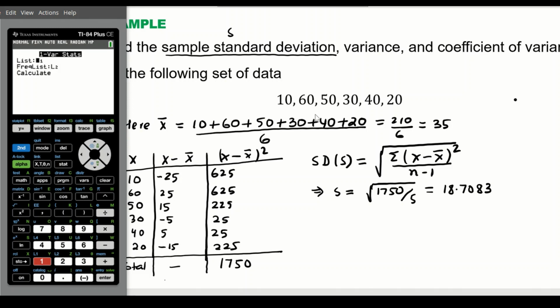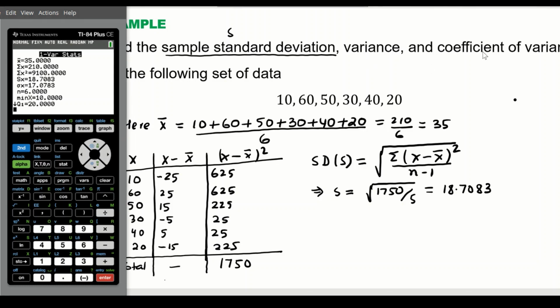You have just list 1 where you have the data. You don't have frequency, so delete L2 if it is there, then calculate. You'll see that the mean is 35 that we have calculated here, and the sample standard deviation S is 18.7083. So the work that we have done manually matches the calculator work.